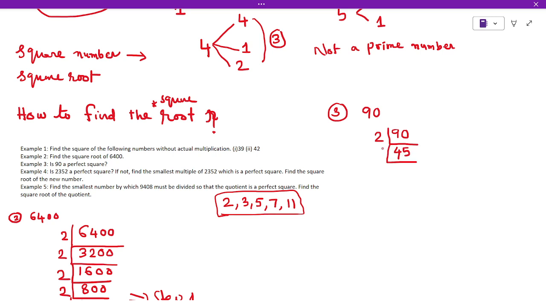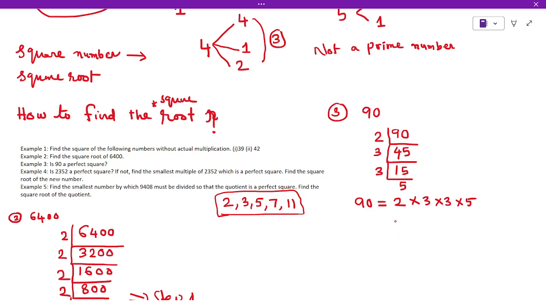Now what is the next prime number in which this 45 will come? So 3 table, right? 3 1s are 3, so 1 left, 15, so 3 5s are 15. Clear? Now you write this number. So let me write 90 as 2 into 3 into 3 into 5.